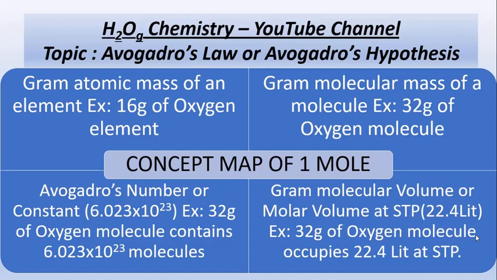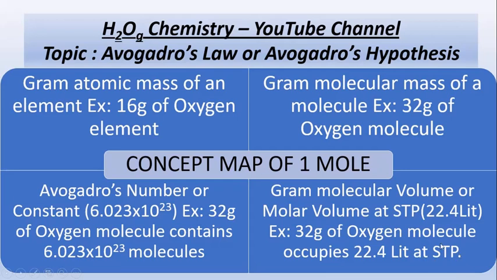So any gas that occupies 22.4 liters at standard temperature and pressure is called 1 mole. I conclude. So gram atomic mass or gram molecular mass of a substance is equal to 1 mole. 1 mole contains Avogadro number of particles. If it is a gas, it occupies 22.4 liters at standard temperature and pressure.